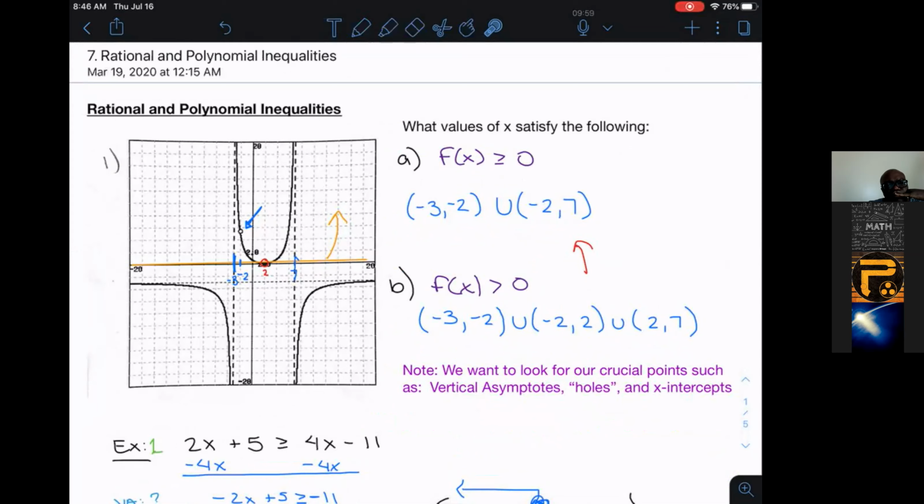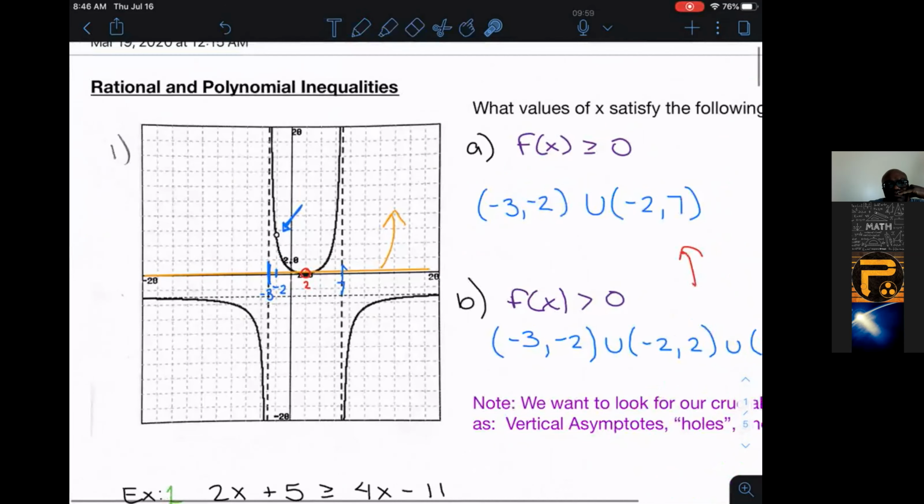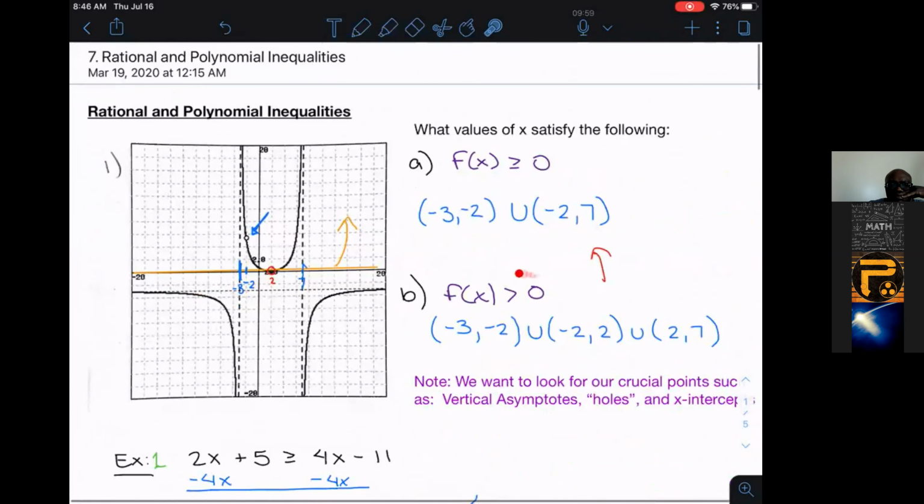So even though this x value is part of your graph, if the question says which values satisfy that it is strictly greater than 0, you have to exclude it, because then that doesn't satisfy it. If you include it, it's not strictly greater than 0, because at this point, at the value 2, the function is equal to 0. So that point cannot be included in this case, even though it's a part of your graph.